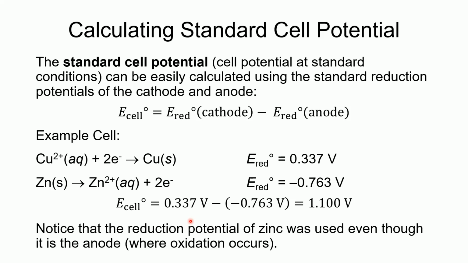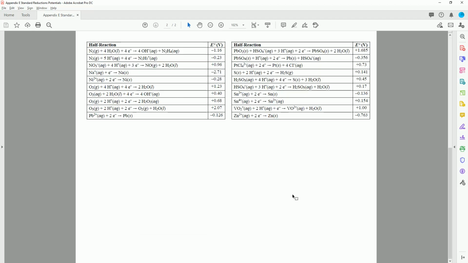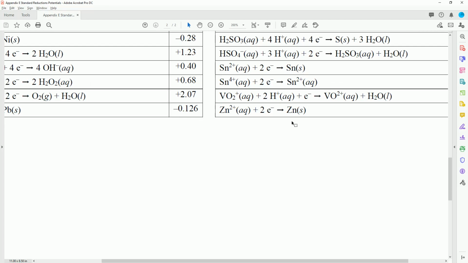One thing I like to point out here is that we use the reduction potential of zinc, even though it's the anode where oxidation occurs. If you go look on Appendix E, which I'm going to go back to now, and we're going to scroll down here and zoom in on zinc.